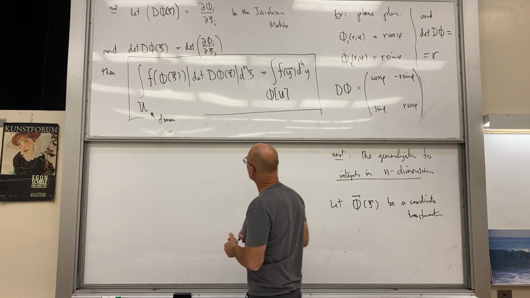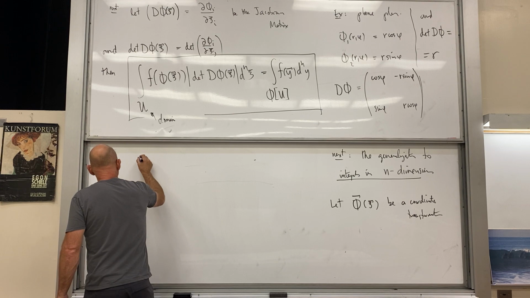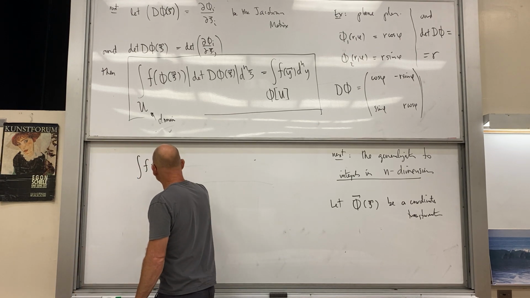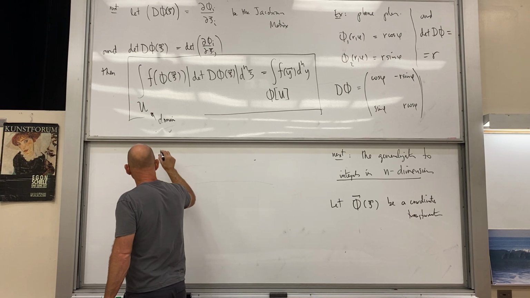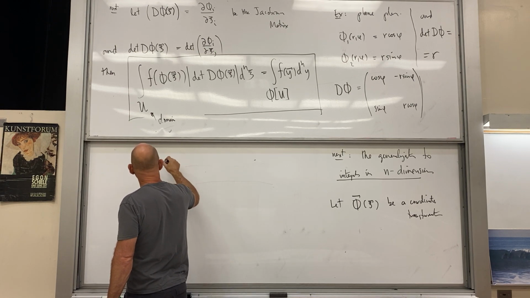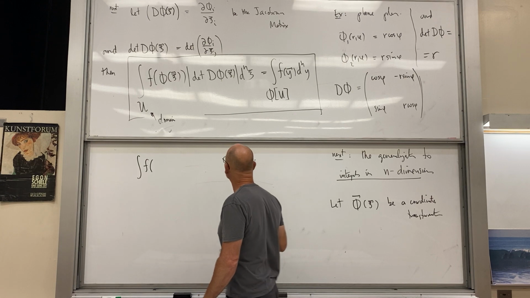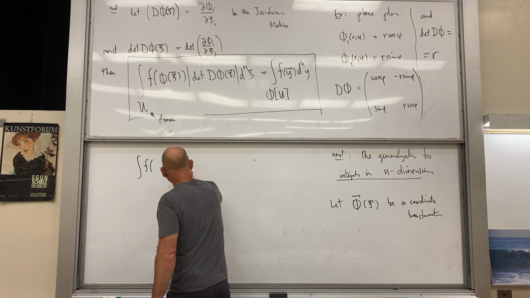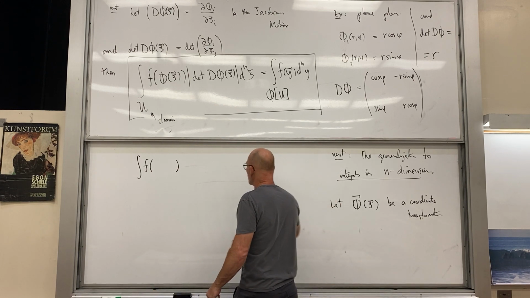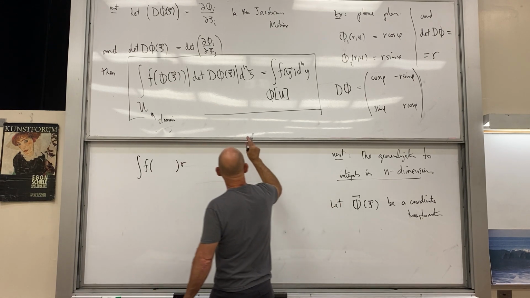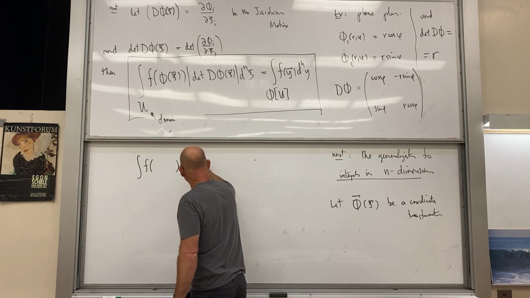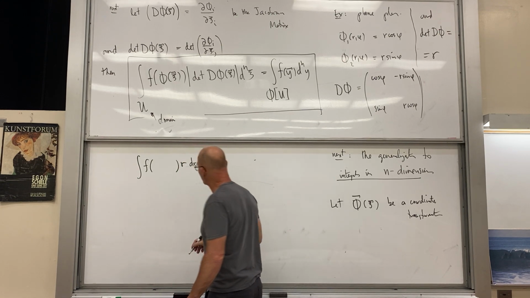Right underneath this integral here, we could now say we have the integral of f of r and theta, or I'm sorry, r and phi, and then we have the determinant of this, which is r, and then we have the d squared c, which is dr d phi. So that's how that comes about.